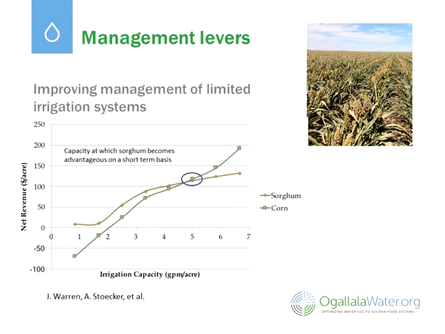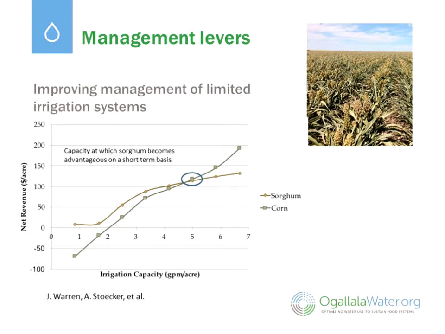So one example of that is from Oklahoma, led by Jason Warren, who does more cropping systems work, and Art Stoker, who's an ag economist. They've paired up to evaluate at what point sorghum becomes a better choice for producers over corn. Irrigated corn has a really strong response to water availability, a really steep curve. Add more water, you get more corn yield.